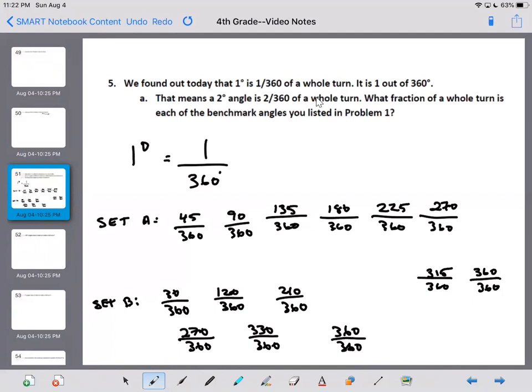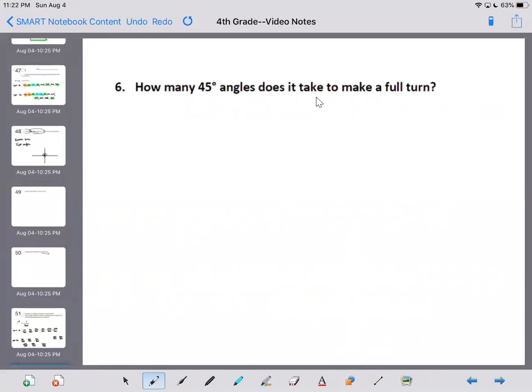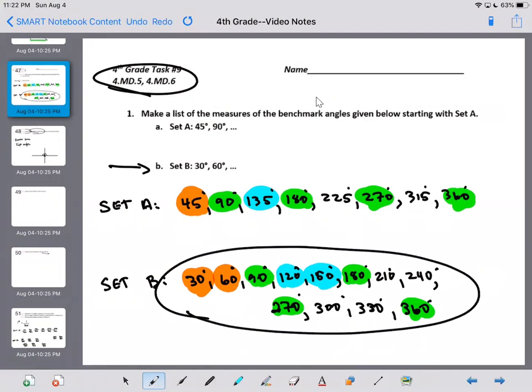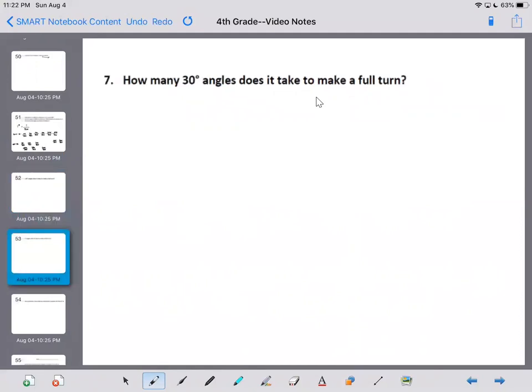So you think about how many 30-degree angles does it make for a full turn? When you go back and look at our list, how many did you have that involved a turn of 30 degrees? And you had 12. So it says, how many 30-degree angles does it make to make a full turn?